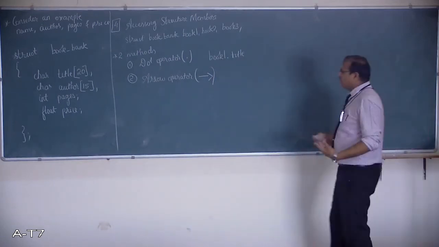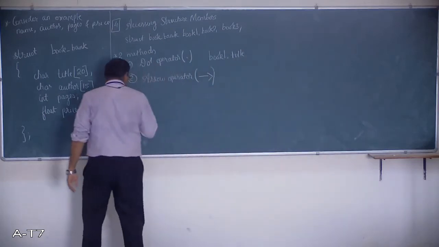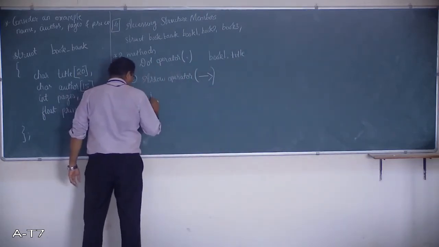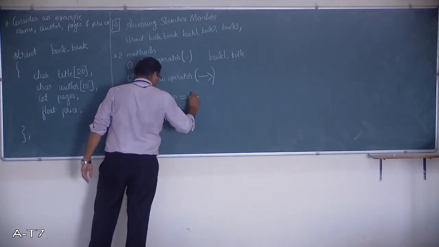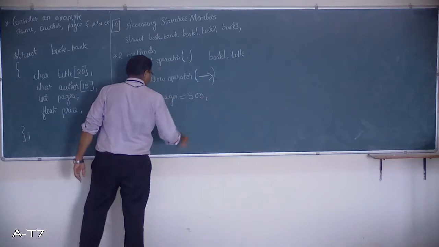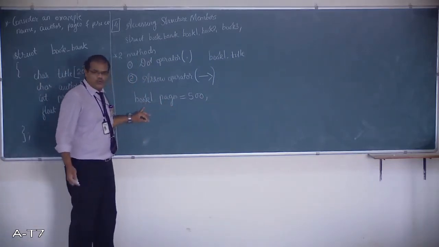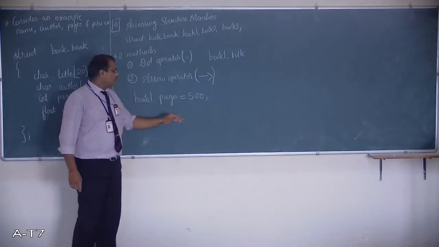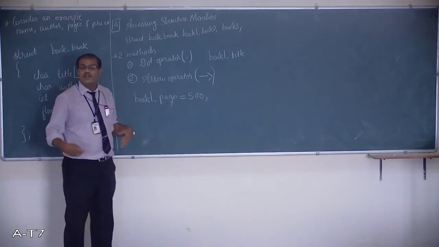So there are different operations I can do. Here I have assigned for pages, number of pages for book 1, it is 500. So using this dot operator, I can access the members individually.